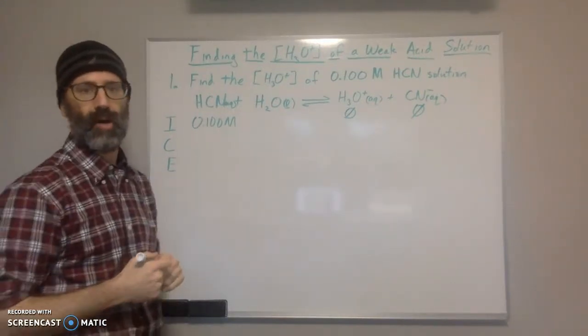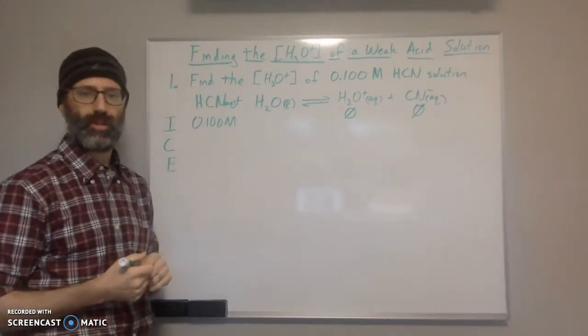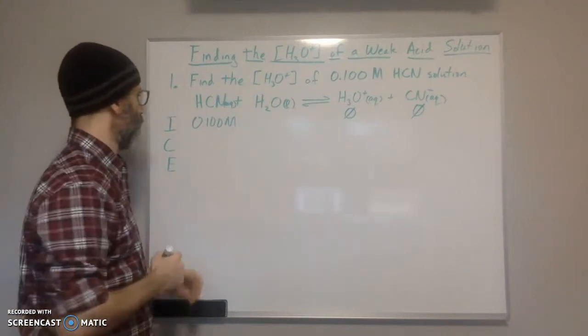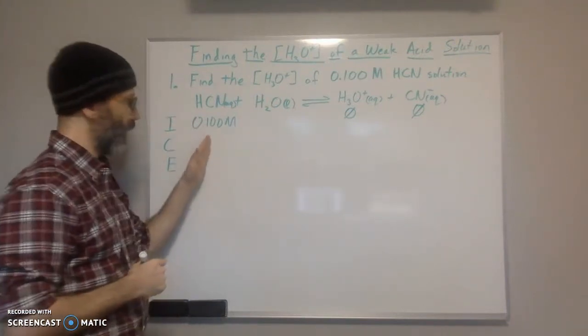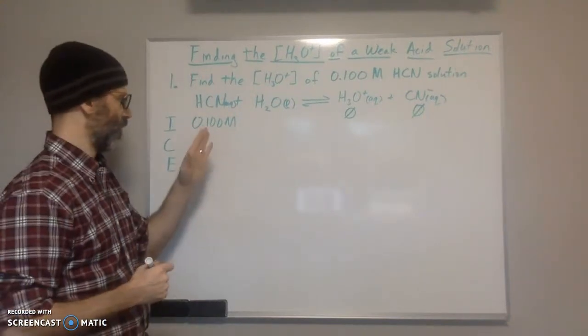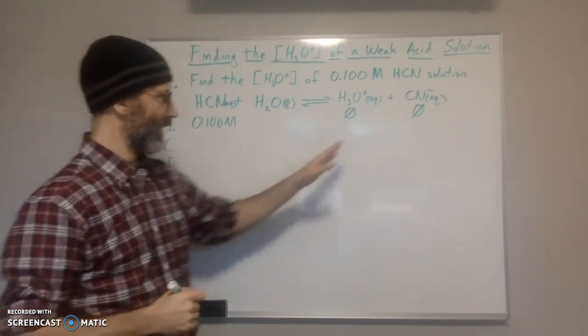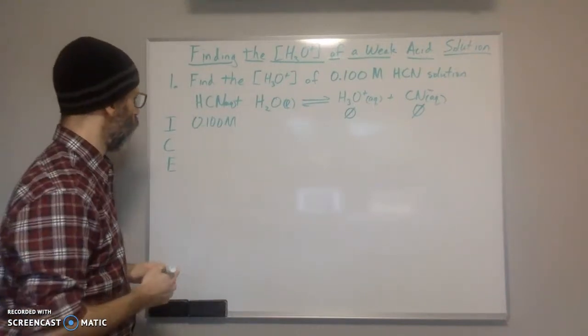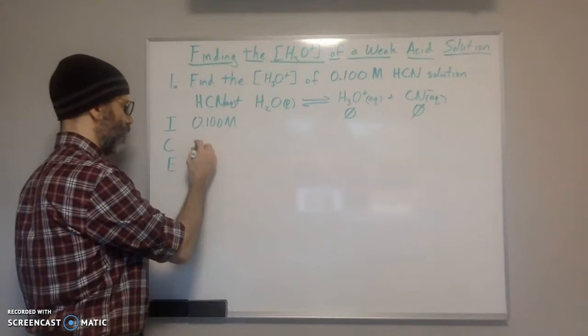Now we got to think about what the change is in terms of X. So obviously it's going to go in this direction. So we're going to lose some reactant and gain some product. Sorry about that. So here, this is going to be negative.